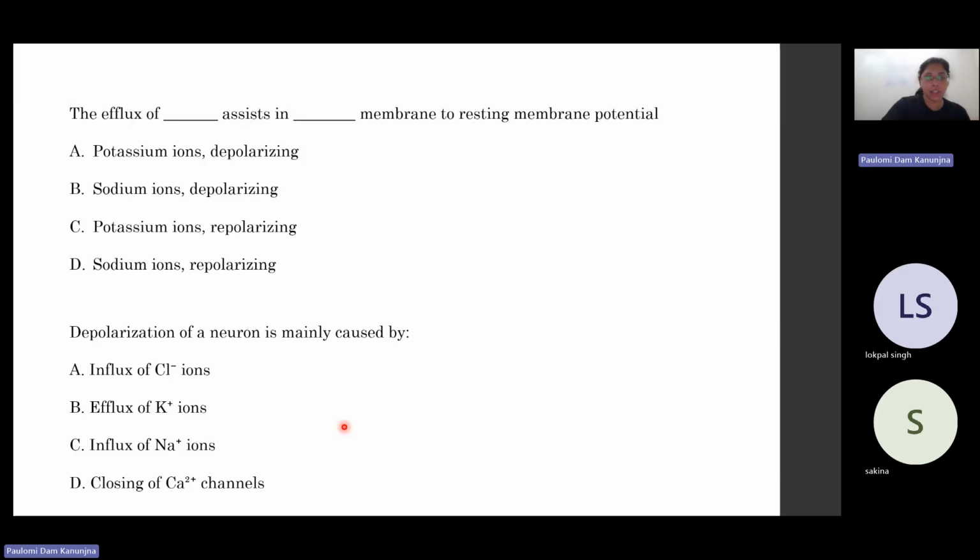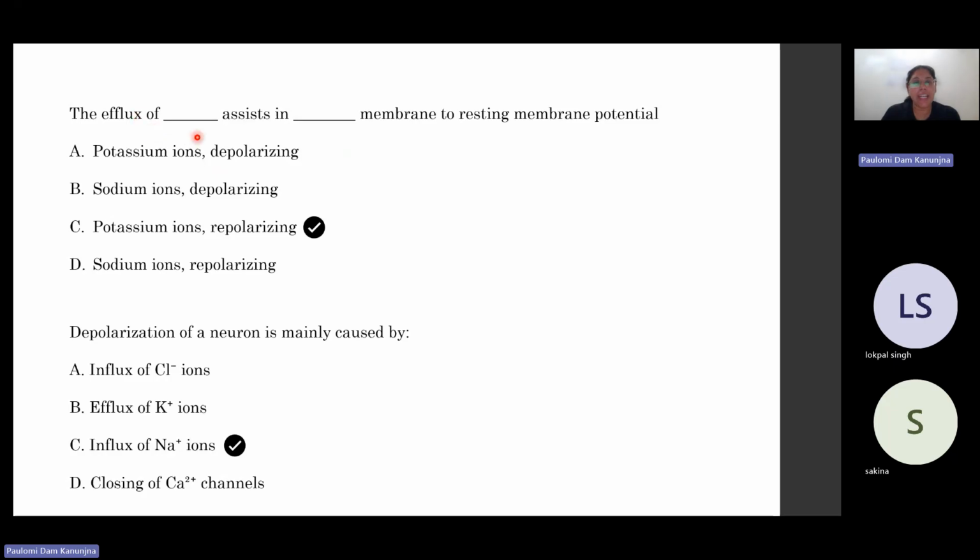What ions are moving across inside all this? C and C, and A and B. Interesting. Okay, I will walk you through it. It's okay even if you got it wrong. That's the whole idea of these sessions.